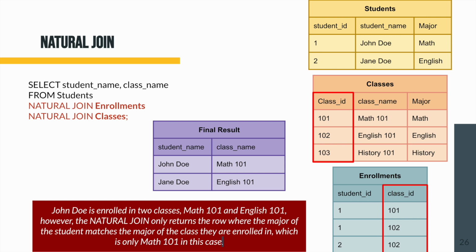So the biggest difference between natural and inner join is that natural join might do some work in the background that you might not notice. Because there's no ON clause, it automatically matches all the columns that are similar. Even though you might not necessarily need that, it will do it.